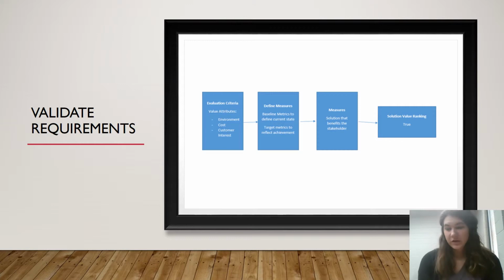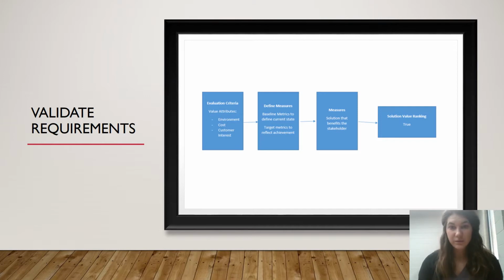Moving on to validate requirements, we use acceptance and evaluation criteria, and we use this because it is a good technique to test the different requirements and to show how they'll be measured with the different solutions that we've come up with. In the first box, we have evaluation criteria, which is the different environment, the cost, the customer interest in it.